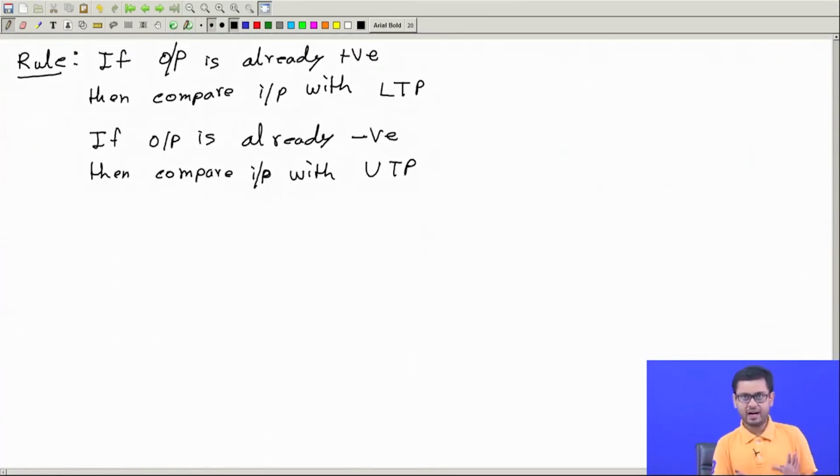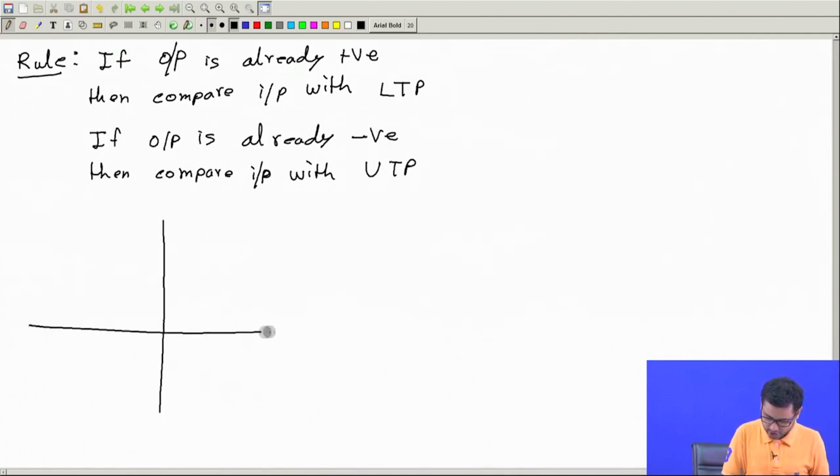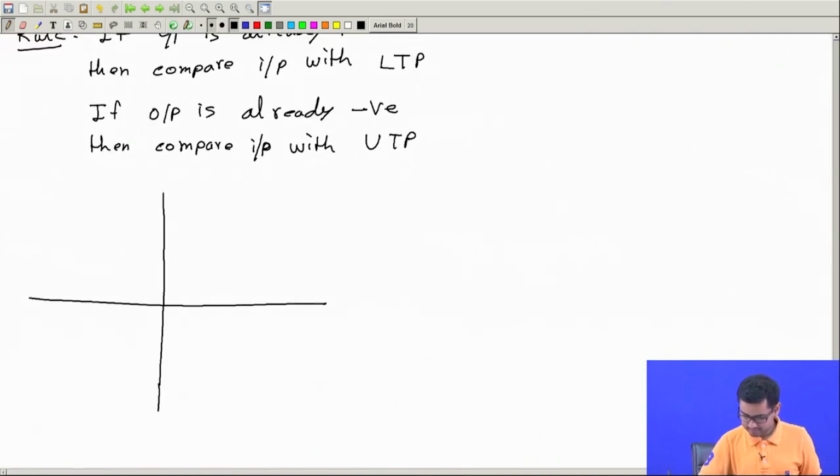Okay, now let us see the input output diagram, the input output curve for a Schmitt trigger. So what I will do, I will draw input versus output. So this is input, this is output, and the output can be either positive V supply, or negative.